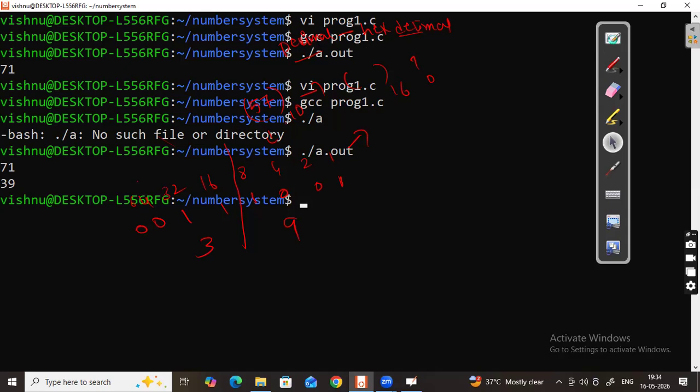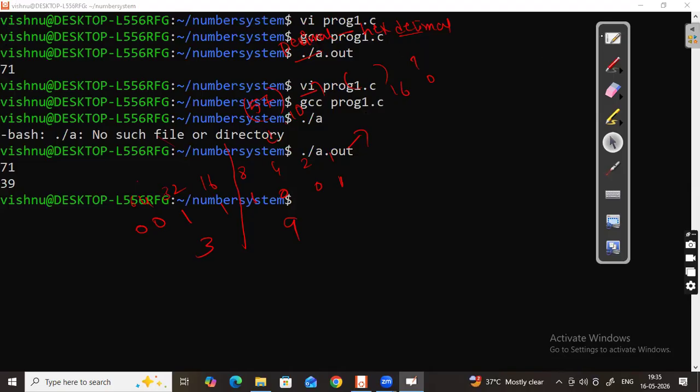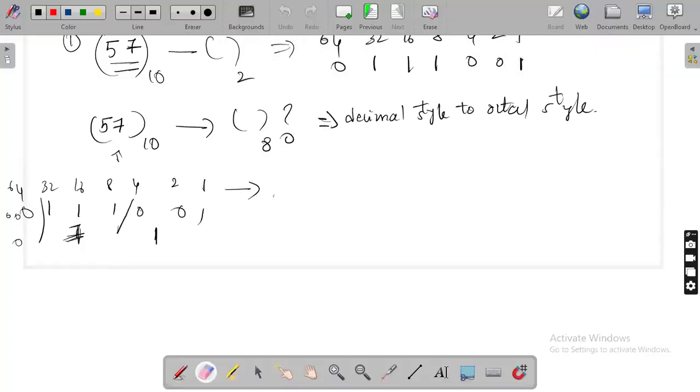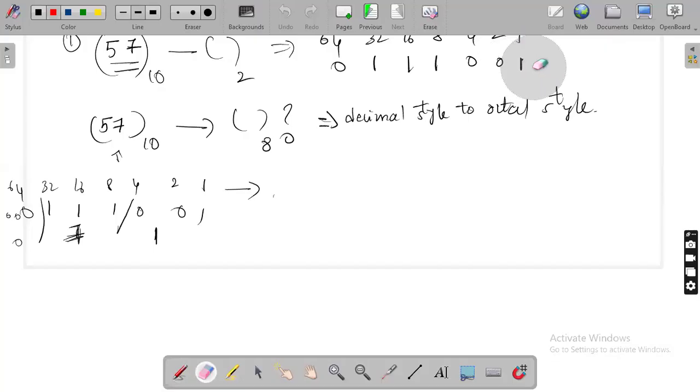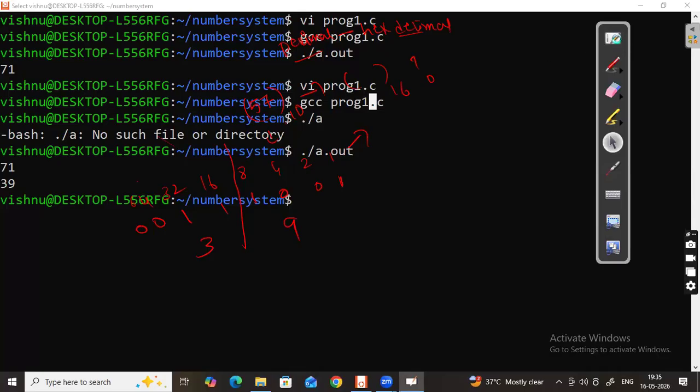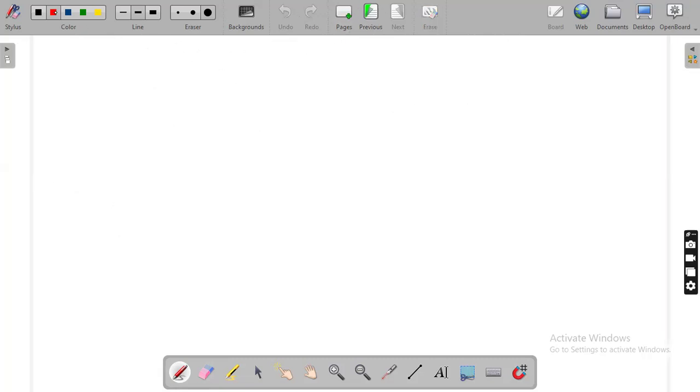Okay, see here. Next, octal to binary, octal to decimal and octal to hexadecimal.